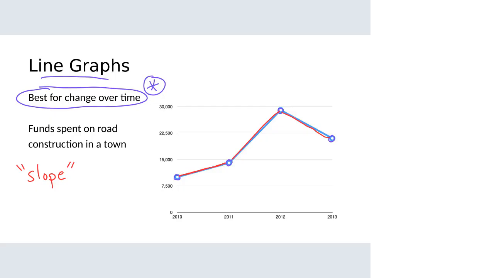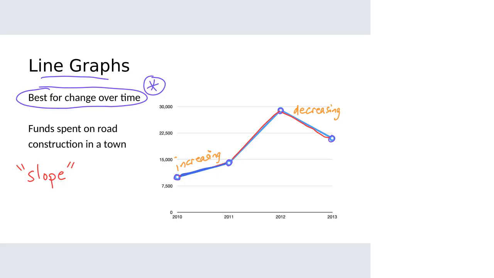But basically, what we're going to be concerned with here is if the slope goes up, we would say it's increasing. And if it goes down, it's decreasing. Just a quick visual inspection here, we can see, oh yeah, the amount of money they spent on road construction went up.